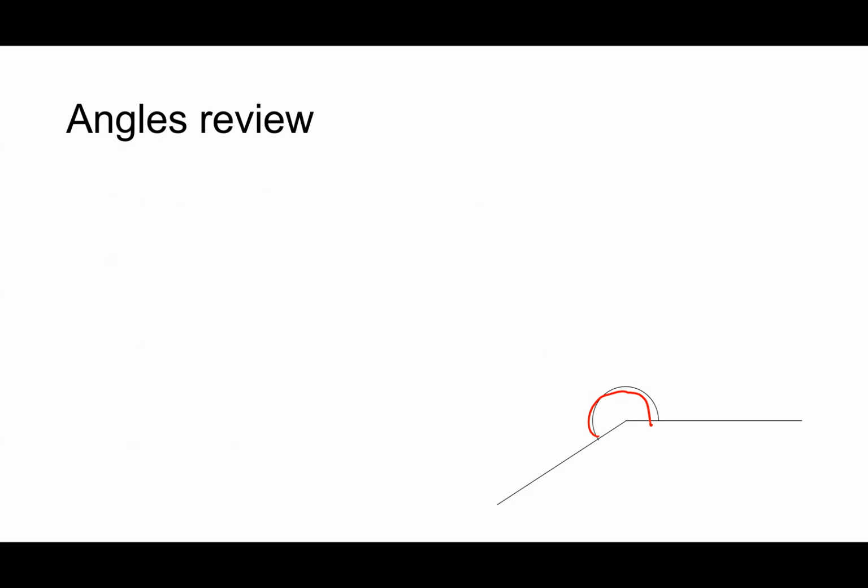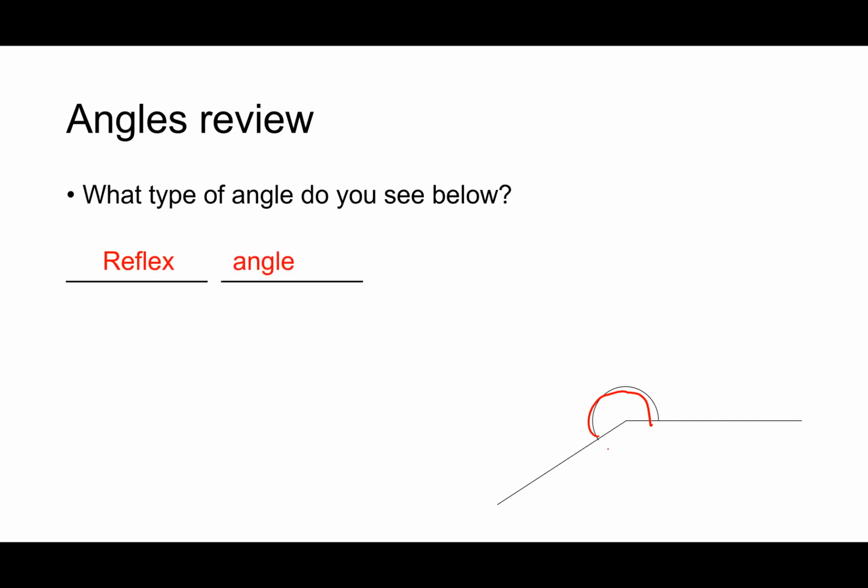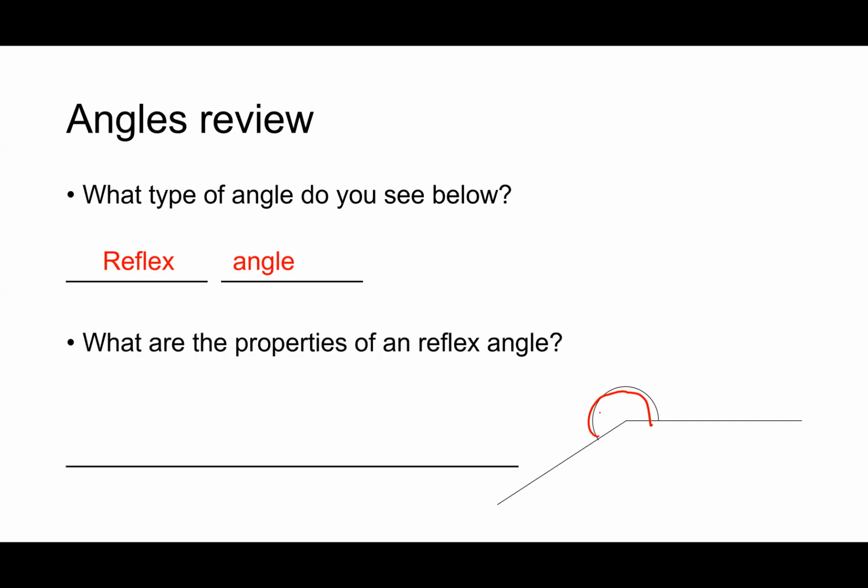A couple of grades ago you used the term exterior angle, but that is actually not what this is called. Last year you learned a new name for it. Charlie? This is called a reflex angle. The properties of a reflex angle are that it is greater than 180 degrees, but less than 360 degrees.